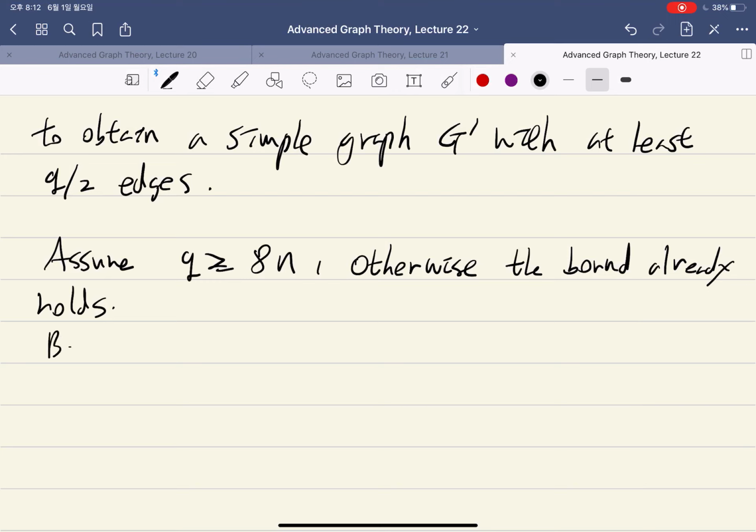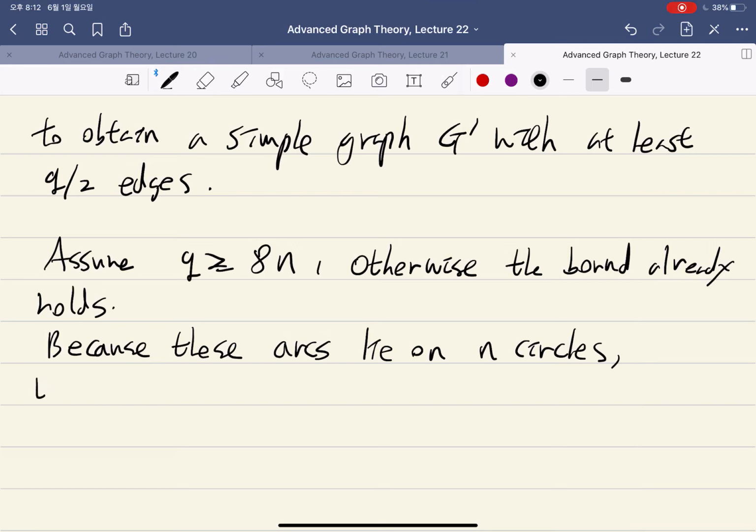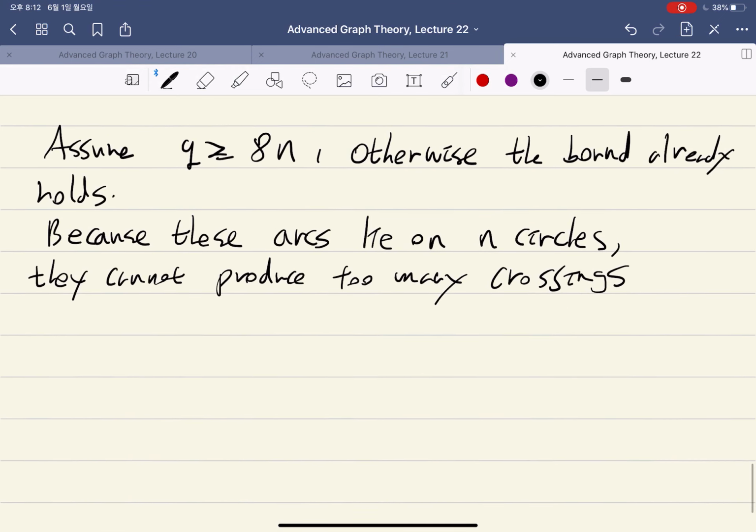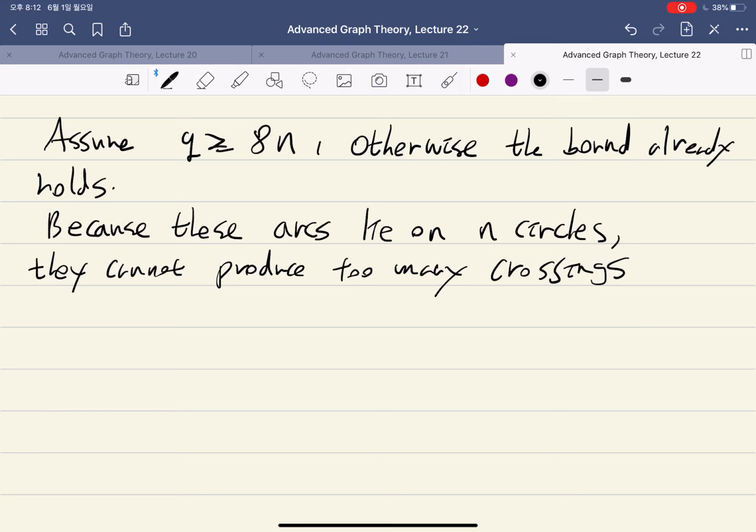Because these arcs lie on n circles, they cannot produce too many crossings, because each pair of circles crosses at most twice.